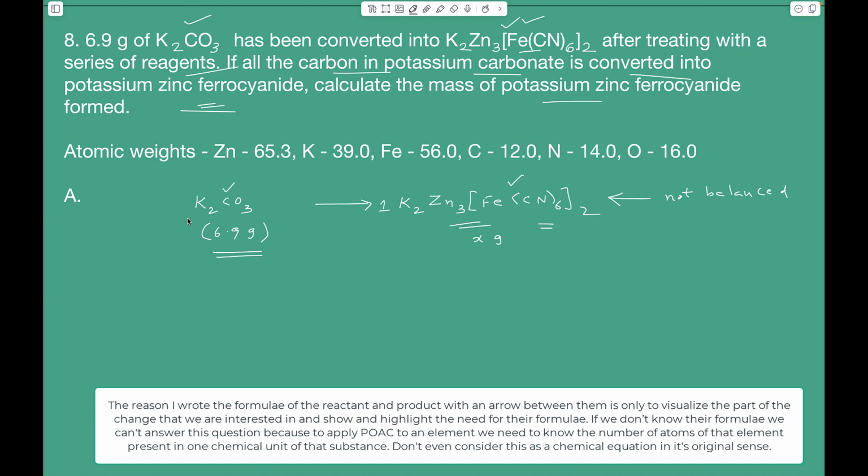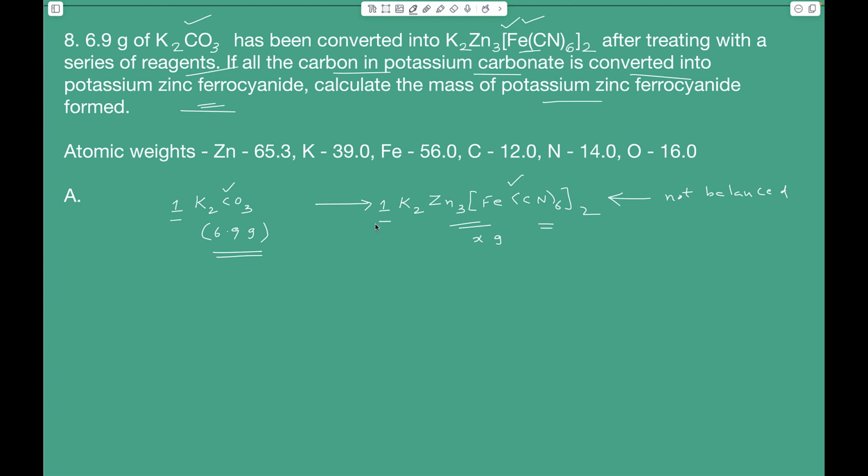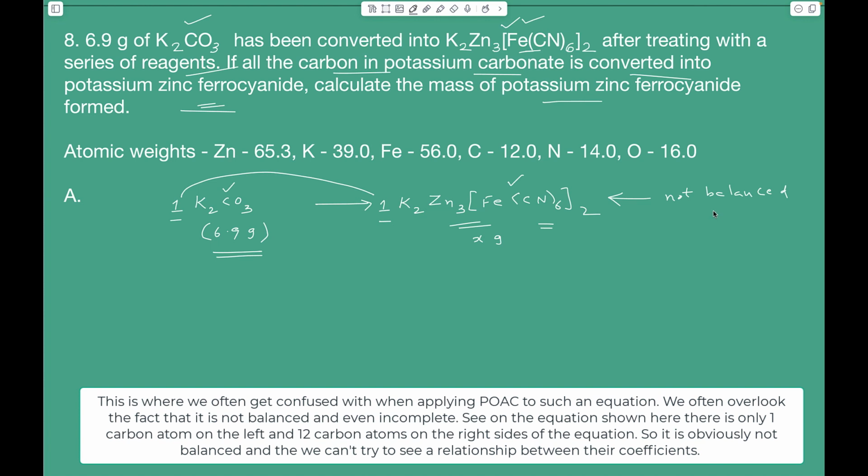So there is a 1 here and there is a 1 here as well. By looking at these numbers, don't try to interpret a relationship between these quantities. You cannot say that 1 mole of potassium carbonate produces 1 mole of this complex compound, because this equation is not balanced.